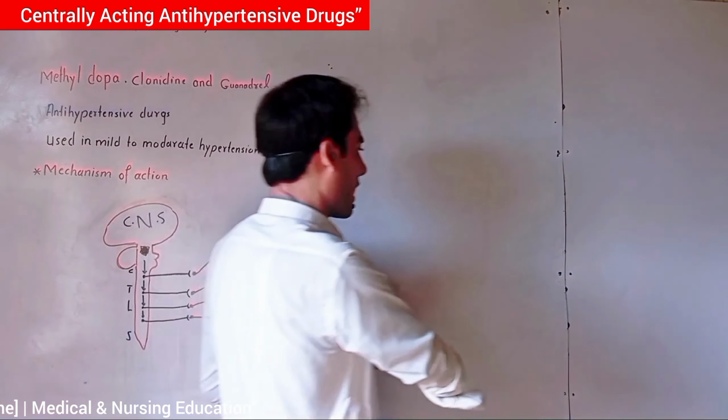So let's suppose this is the preganglionic nerve fiber and this is the postganglionic nerve fiber.